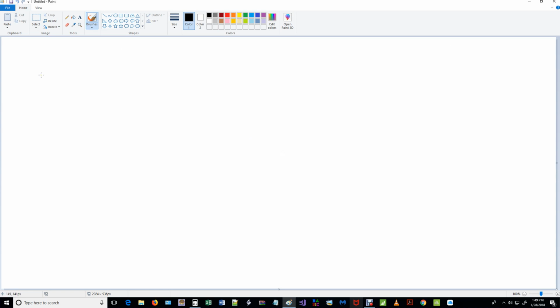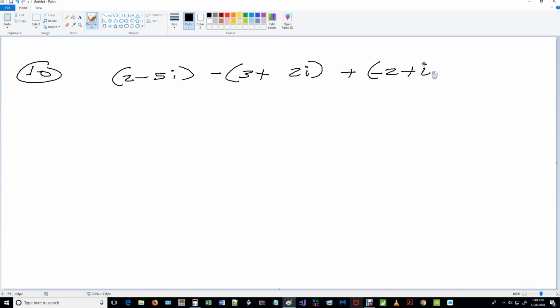Now next we are going to do operations with i's. This is number 10, I think. So we're going to do (2 minus 5i) minus (3 plus 2i) plus (-2 plus i). Now we get rid of the parentheses first, right?